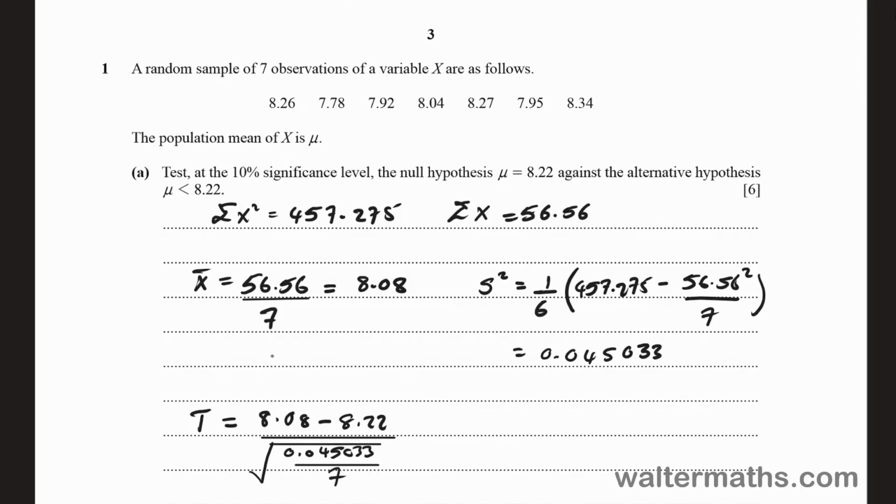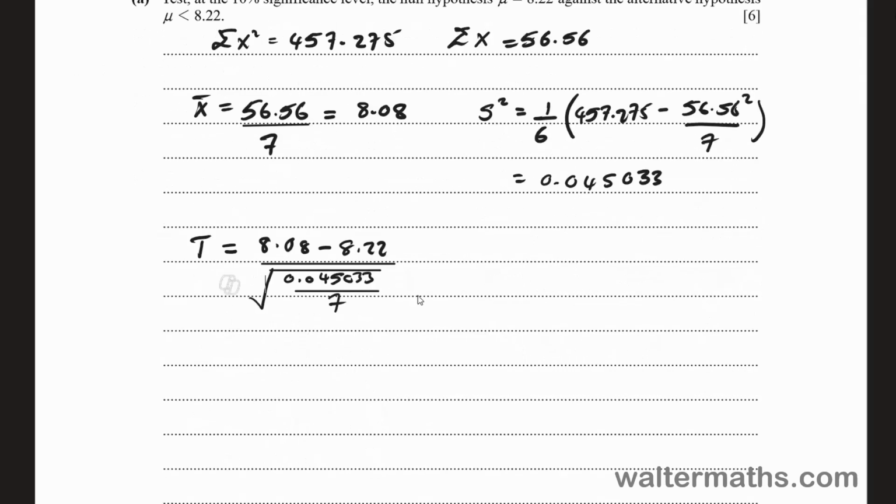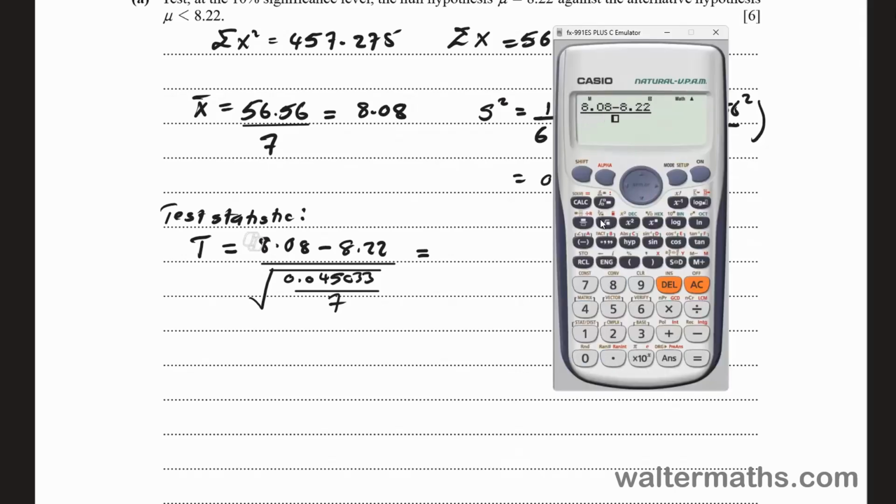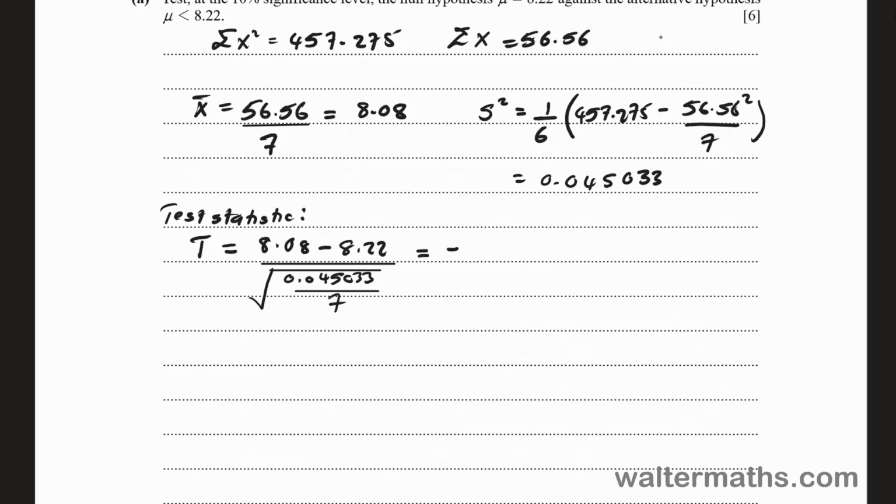We do the calculation for the test statistic, and we get negative 1.7454. So let's just say negative 1.745.